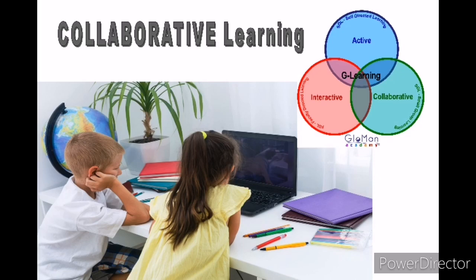In collaborative learning, students in small groups take up the assignments given by their class teacher. They work together to solve the problem or complete the project or complete the experiment as part of the assignment.